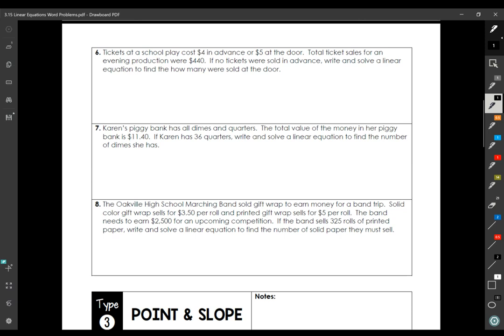The total ticket sales for an evening production were $440. If no tickets were sold in advance, write and solve a linear equation to find how many were sold at the door. Okay, so again, we're going to use the first few sentences to create the equation, and then we'll deal with the second half of the problem later.